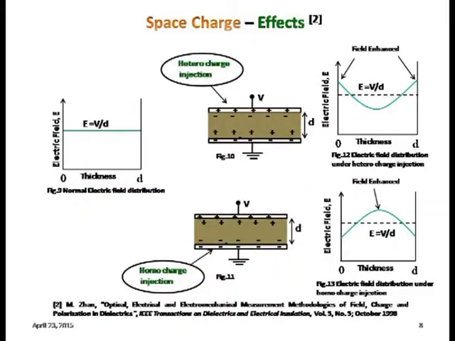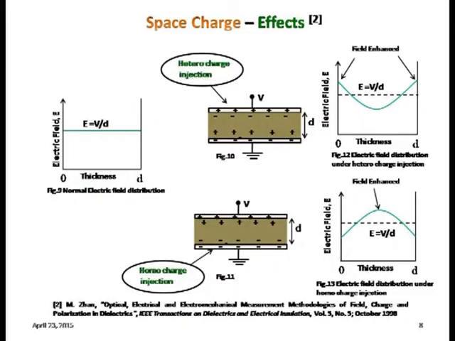In AC, such charge formation is not observed, because the voltage is alternating. So movement of charge is restricted. Half a cycle it is positive, half a cycle it is negative. That is why the net movement of charge is restricted and it will only oscillate. That is why under AC, space charges are not formed, or rarely formed due to some other reason.